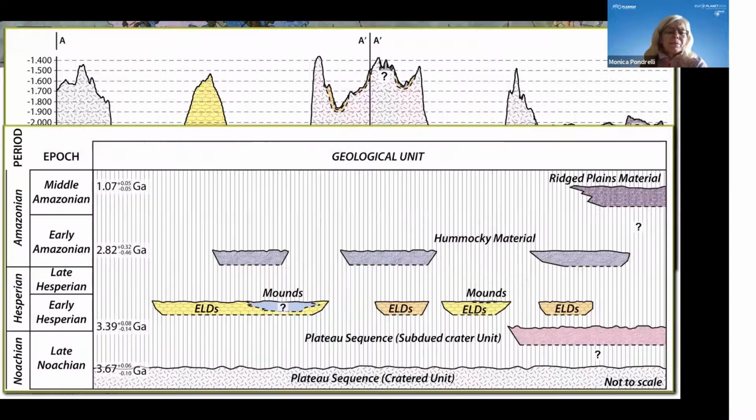And this is the space-time diagram, which allowed us to say that the different layered deposits represent a phase in the history of this basin, separated in time from the units at the base and at the top of this unit.